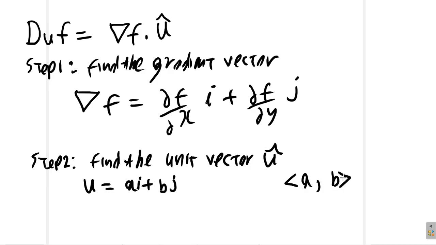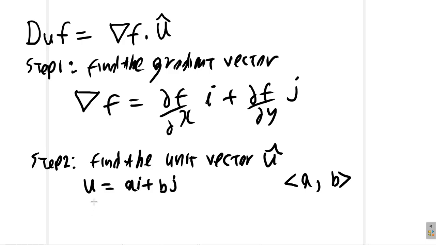The angled brackets mean it's a vector. The one on the left is in the i direction, the one on the right is in the j direction, right? So it's a i plus b j. But sometimes it's given like this.